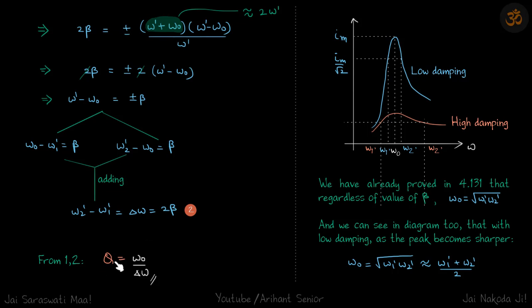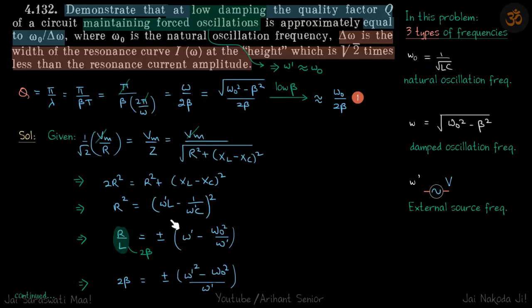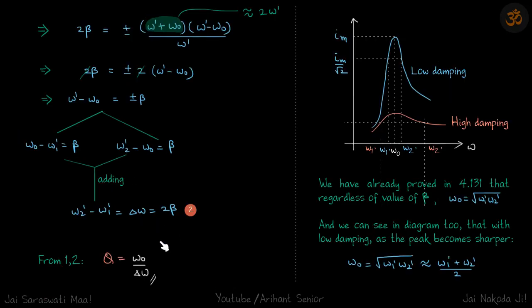So from this equation and what we already saw, that quality factor is omega naught by 2 beta, we get quality factor to be omega naught by delta omega. Now let's see some interesting things from this current frequency graph.